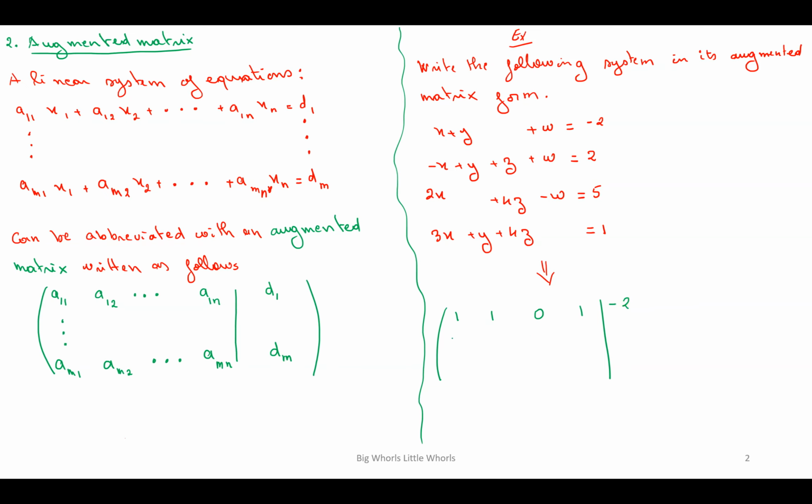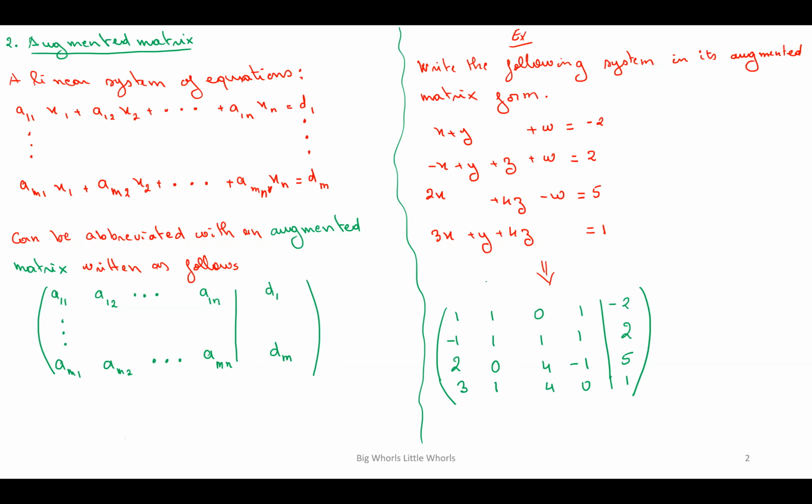In the second row we have minus 1, 1, 1, 1, 2, and in the third row we have 2, 0, 4, minus 1, 5, and in the last row we have 3, 1, 4, 0, 1. So that's the augmented matrix form of the linear system.